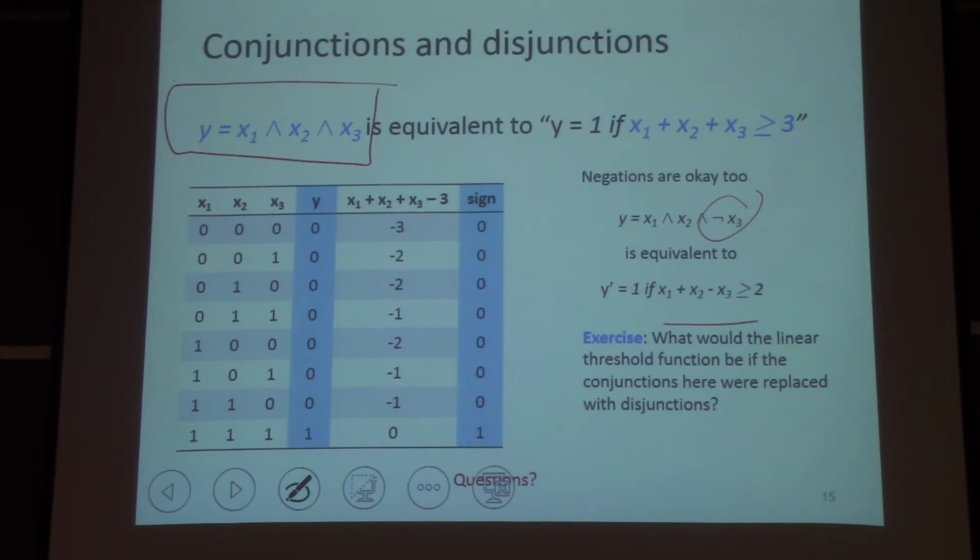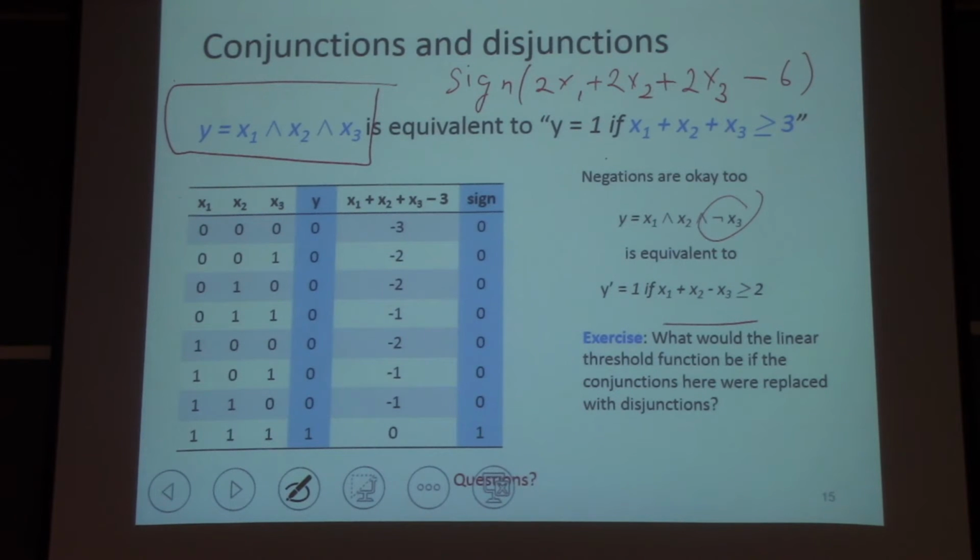I'm going to write another linear threshold unit, which is sign of 2x1 plus... it's the same line, right?